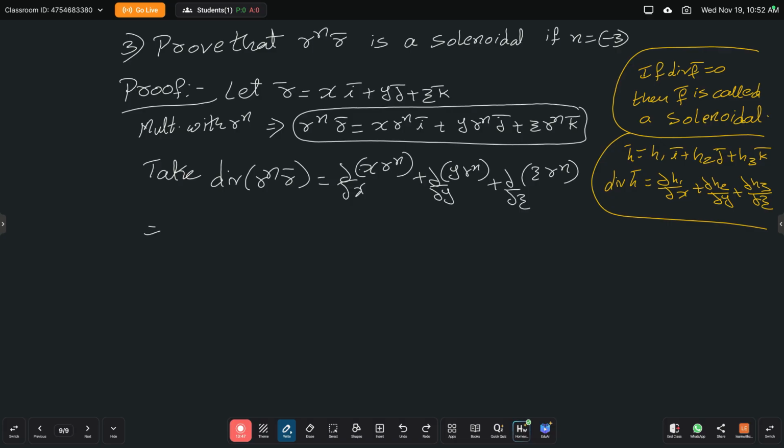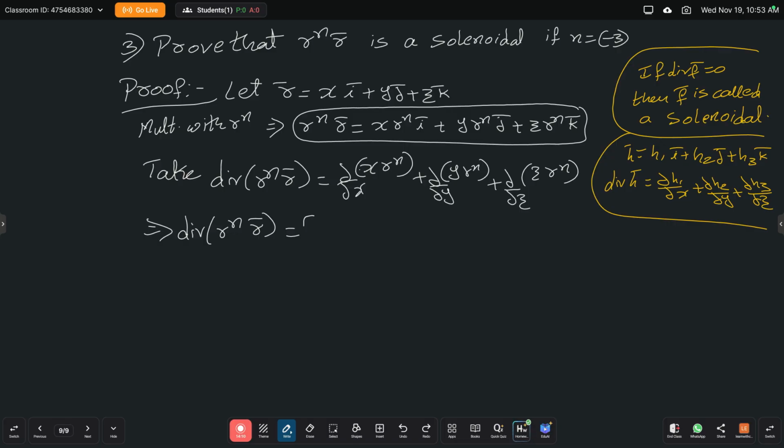Then that implies divergence of r^n r̄ equals, first term x and r^n. r^n is also in terms of x variables. So partial differentiation of x into r^n with respect to x is nothing but differentiation of uv.